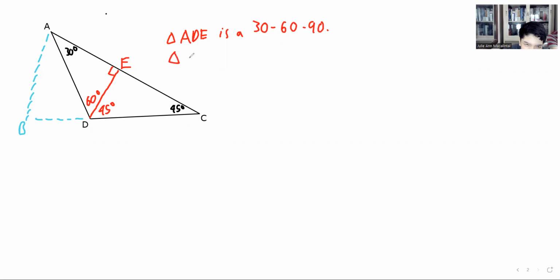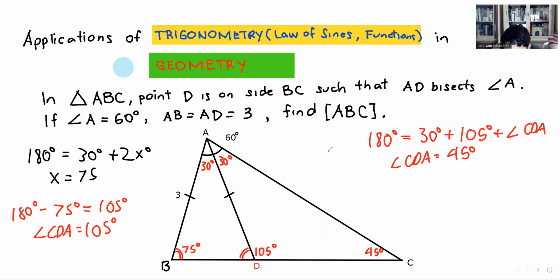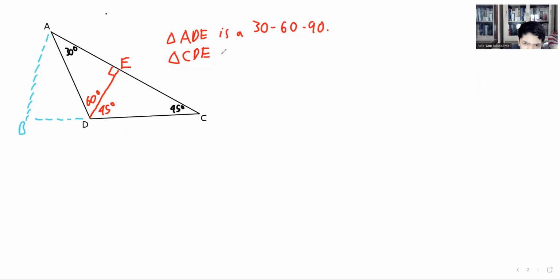And we can also say that CDE is a 45, 45, 90 right triangle.